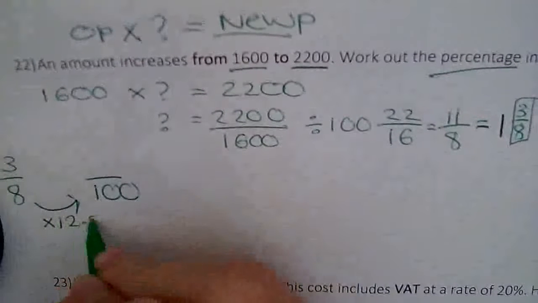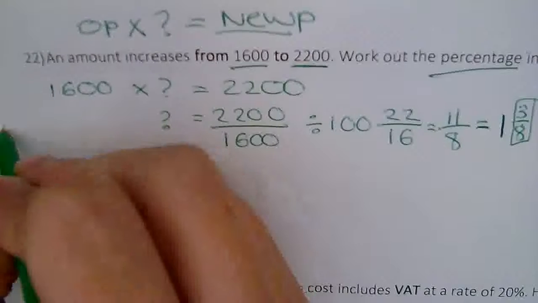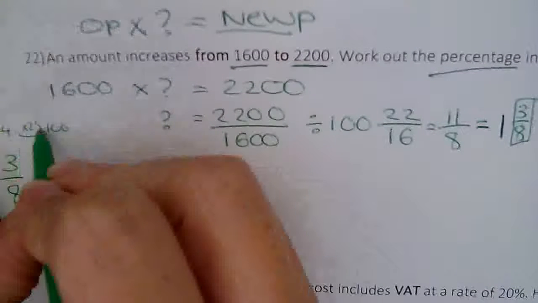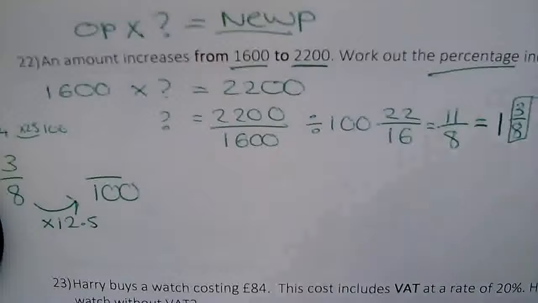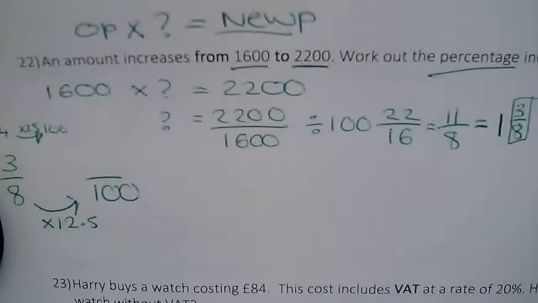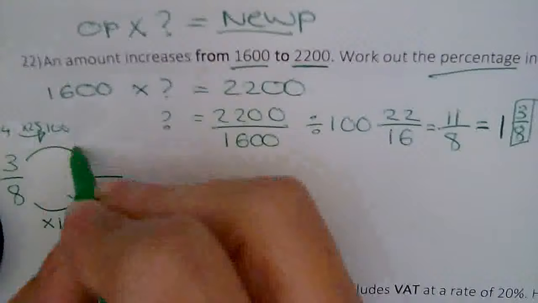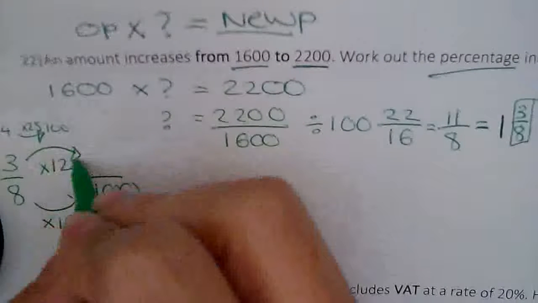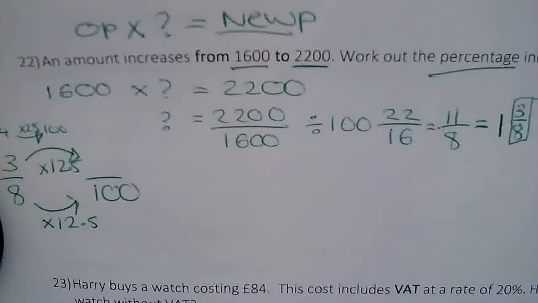If you think about it, if you want to get from 4 to 100, that'll be times 25. So if it's 8, it's going to be half as much, so it'll be times by 12.5. So if you do the same to the top as you do to the bottom, 3 lots of 12.5.